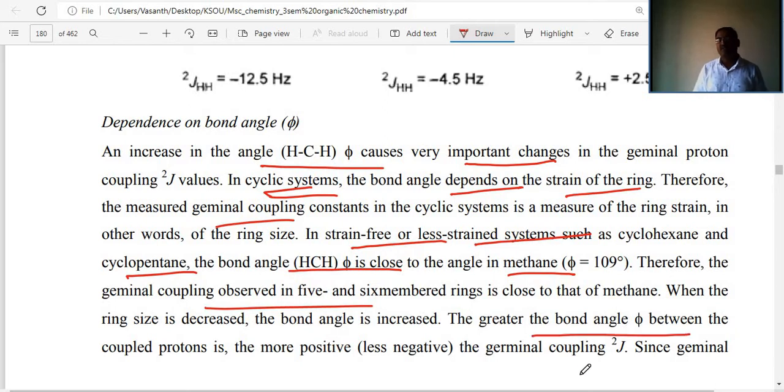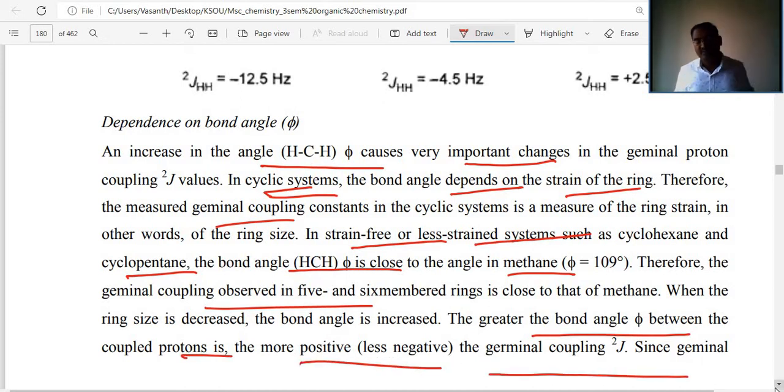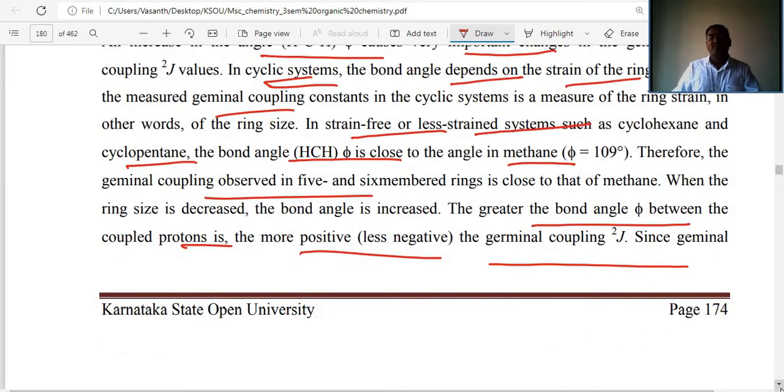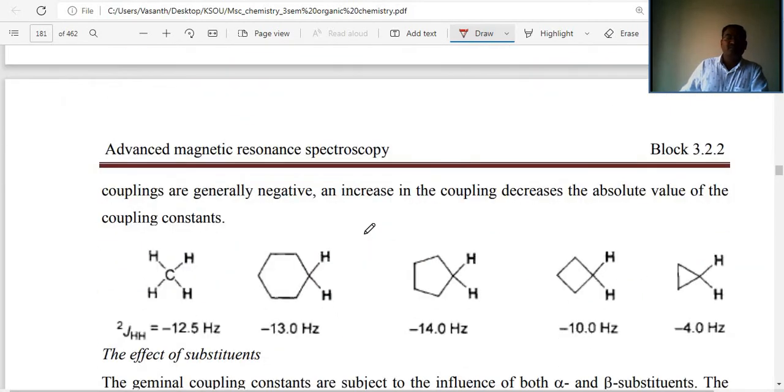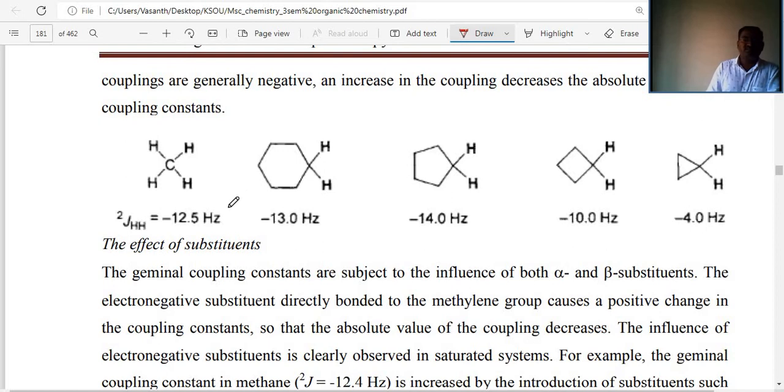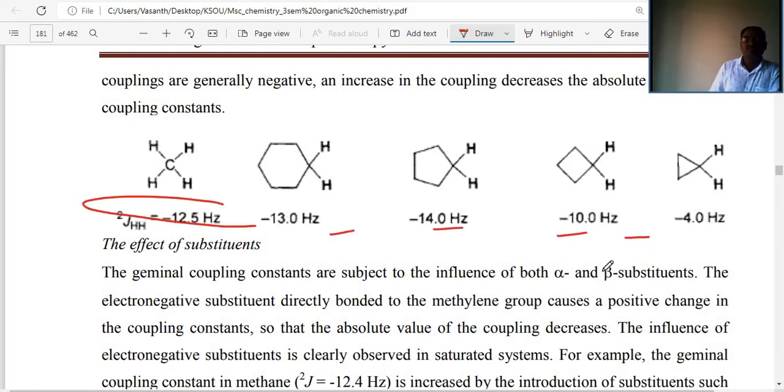The greater the bond angle between the coupled protons, the more positive the geminal coupling J. These are some examples of geminal coupling with respect to chemical shifts.